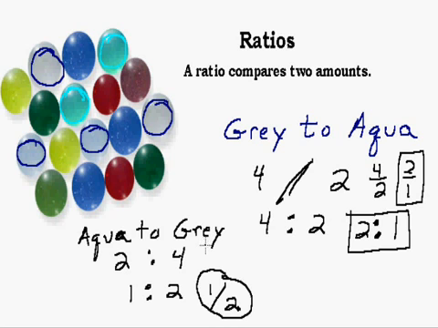So it tells us how these two compare to each other. Remember the original definition, a ratio compares two amounts? So what we're doing is we're comparing the aqua marbles to the gray marbles, so that there's half as many aqua marbles as gray marbles. Now if we switch it around, gray marbles to aqua marbles, compare the gray to the aqua, there would be twice as many. So there's a couple different ways to think about this with ratios.